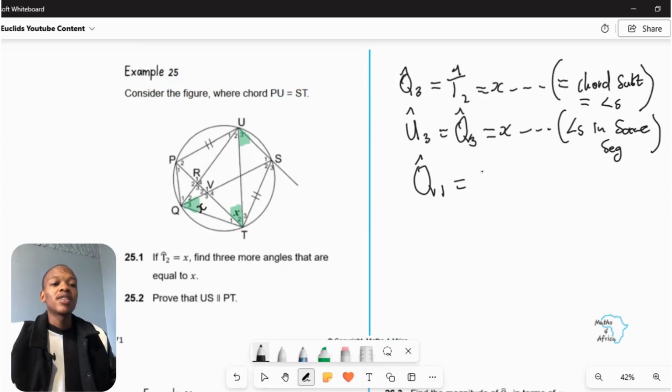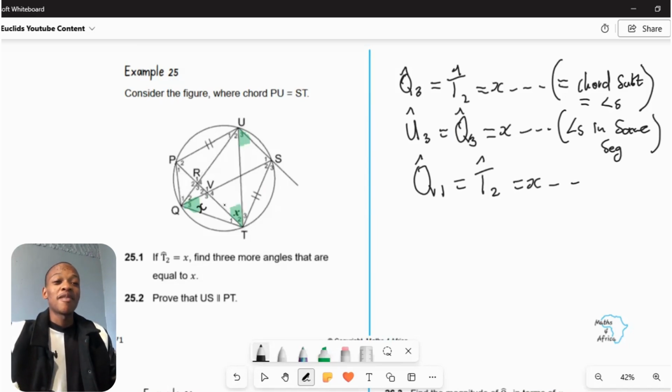you can also use same segment. You can equate it to T2. They are equal to X. Angles on the same segment. Here's a bow tie. There is a bow tie. There you go. This equal to this.